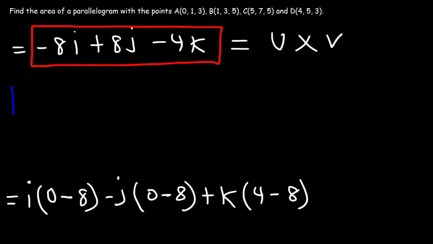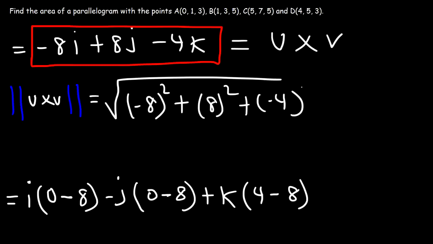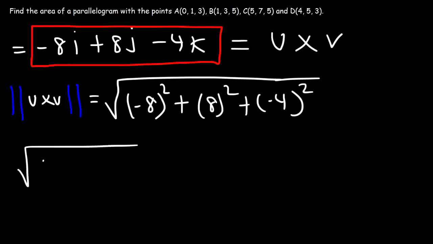Now the last thing that we need to do is we need to calculate the magnitude of this vector. So it's going to be the square root of negative 8 squared plus 8 squared plus negative 4 squared. Now 8 squared is 64 and 4 squared is 16.